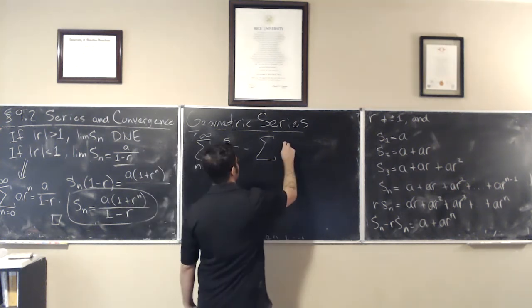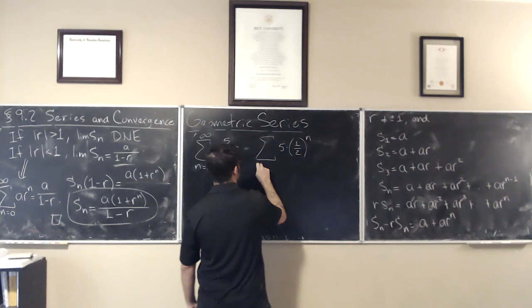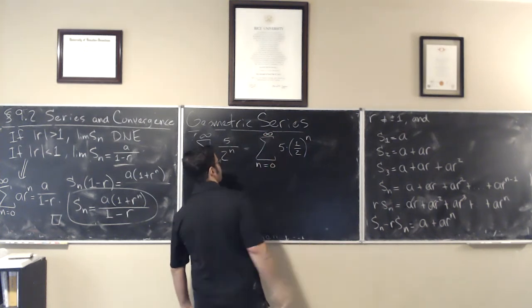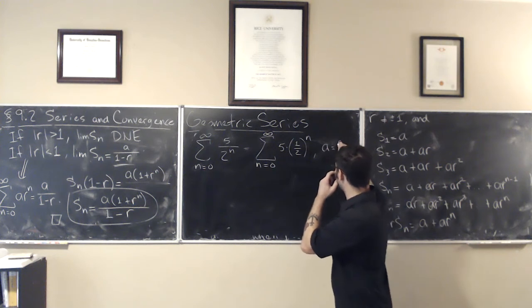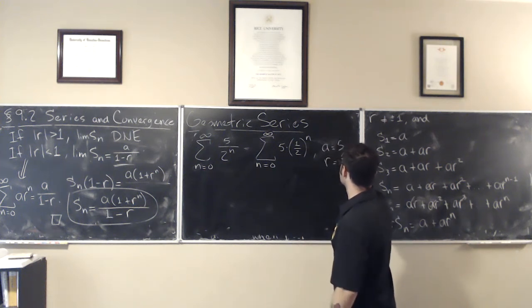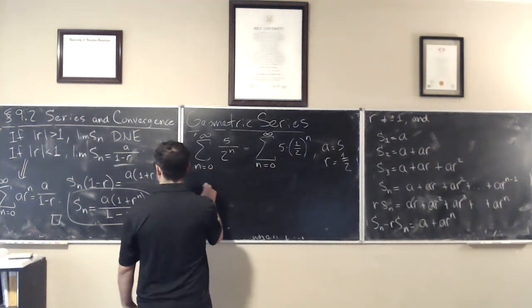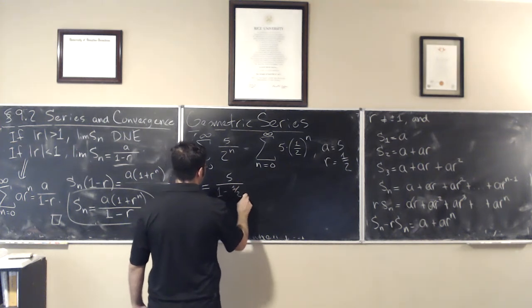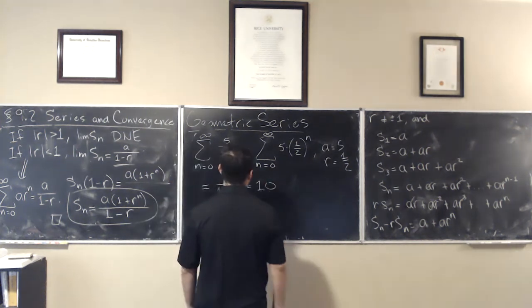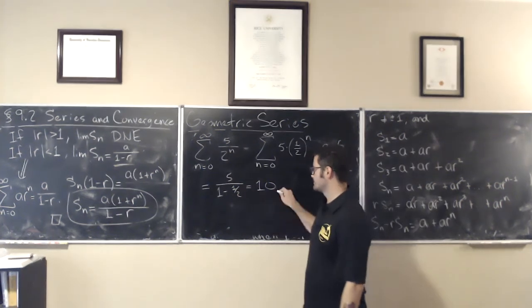Because this is like 5 times 1/2 to the power n. Now here we go. A is 5, r is 1/2. It converges. What does it converge to? 5 over 1 minus 1/2, which is just 10.